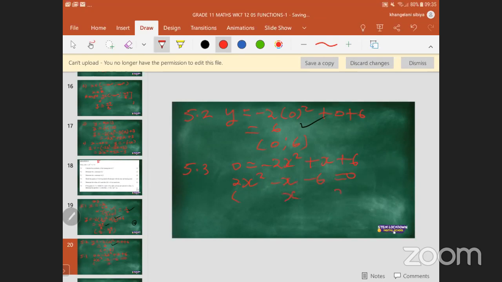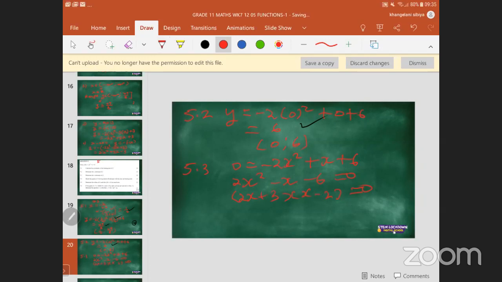Then you factorize. The factors for 2x squared are 2x and x. The factors for 6 that would give you 1 are 2 and 3. Obviously, for the bigger product, you take the sign of the middle term, which is negative.